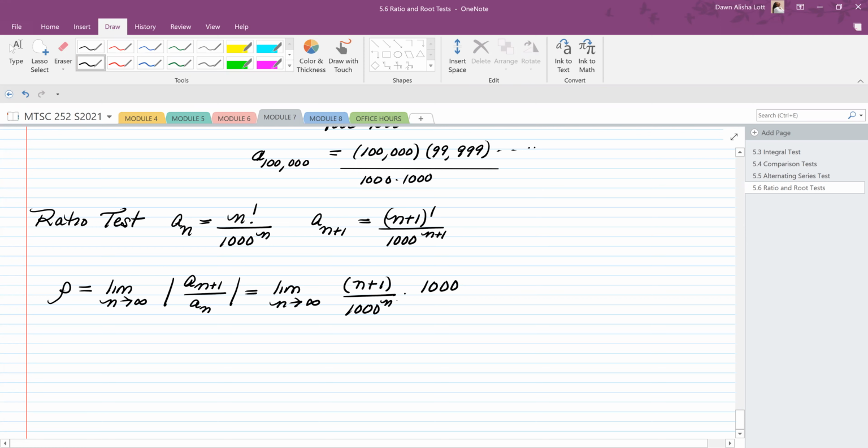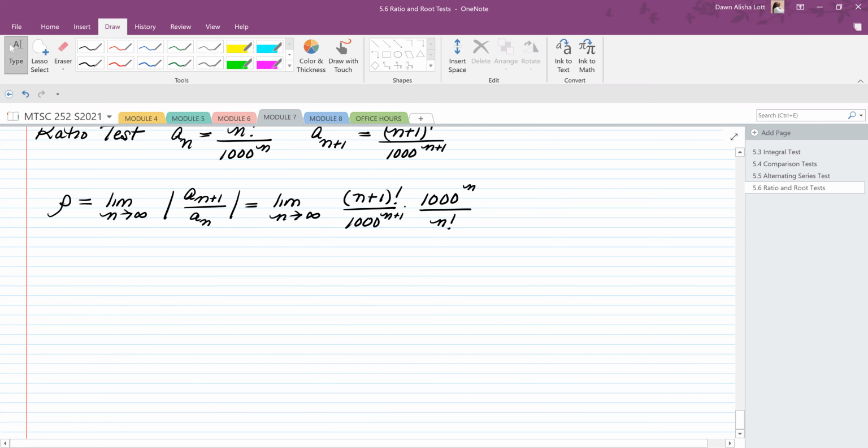1,000 to the n over n factorial. Okay. So this is the limit as n approaches infinity. The n plus 1 factorial over n factorial is just going to give me n plus 1.